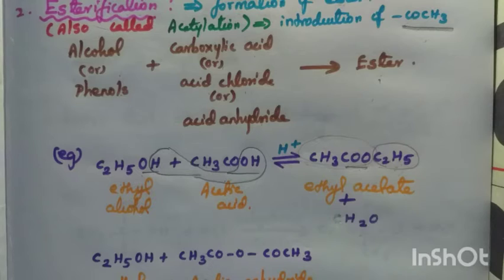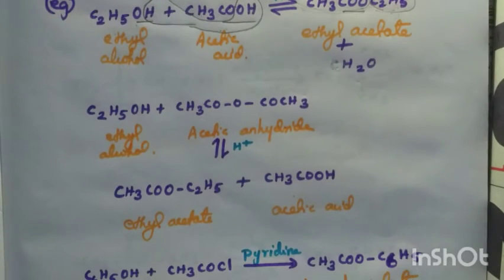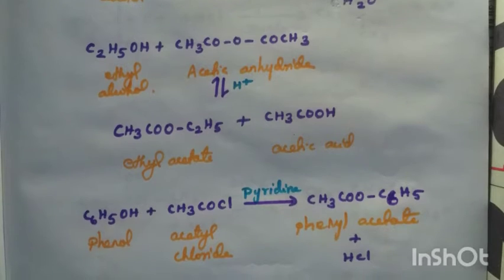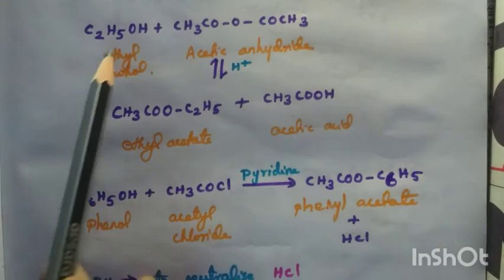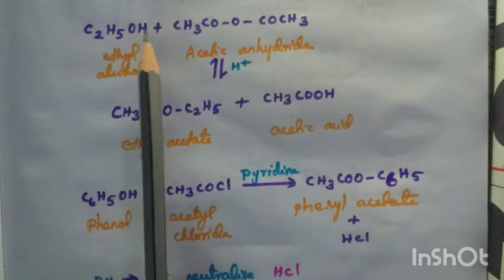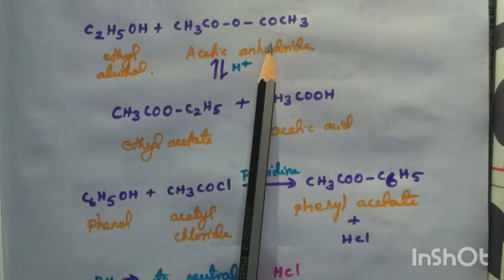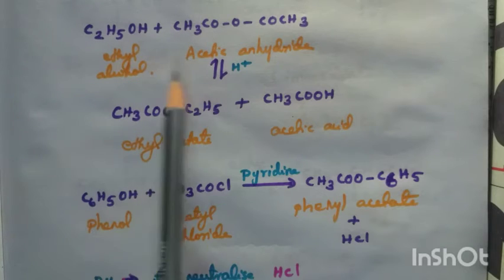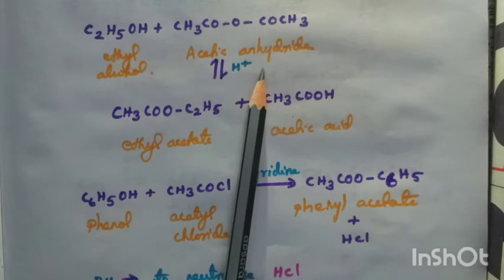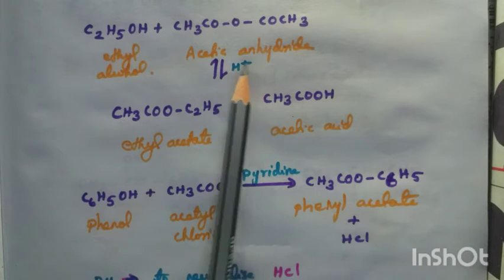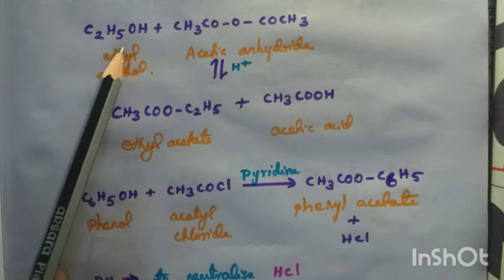We can also prepare this by using acid derivatives. Now, ethyl alcohol with acetic anhydride. This is an acid derivative, acetic anhydride. How does the reaction take place here?